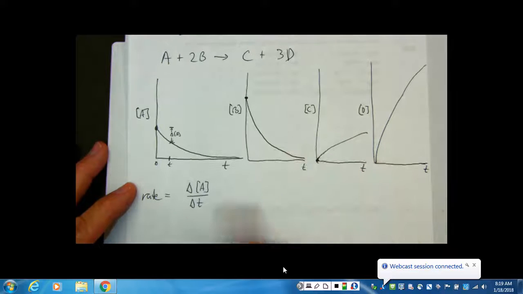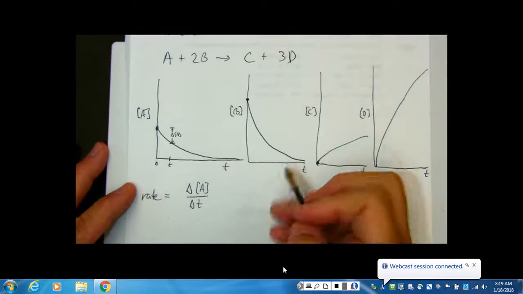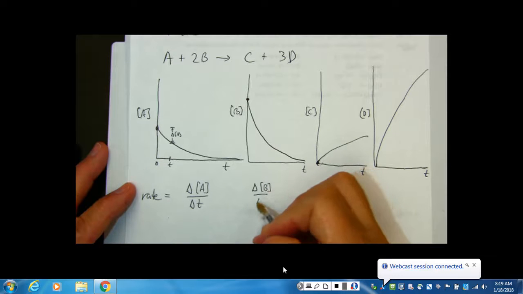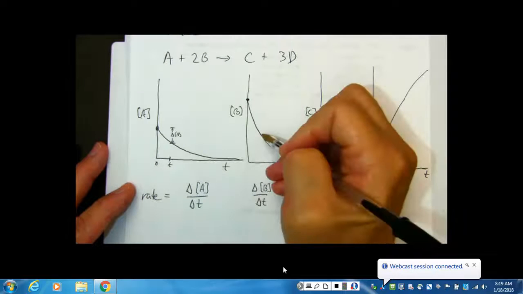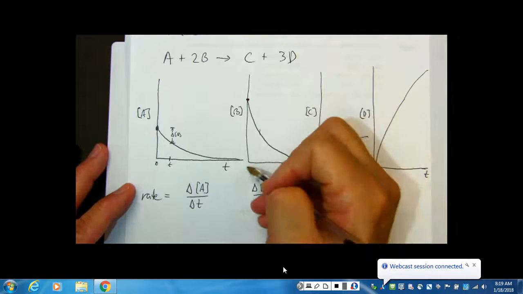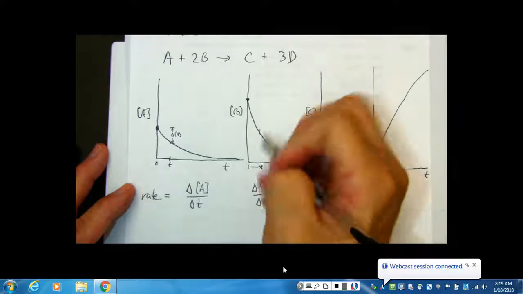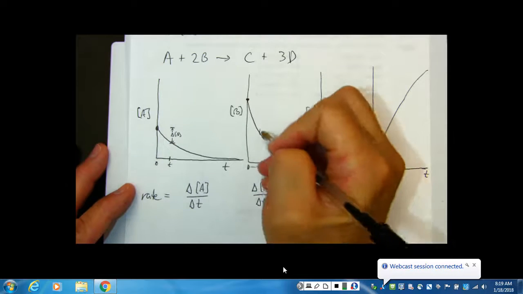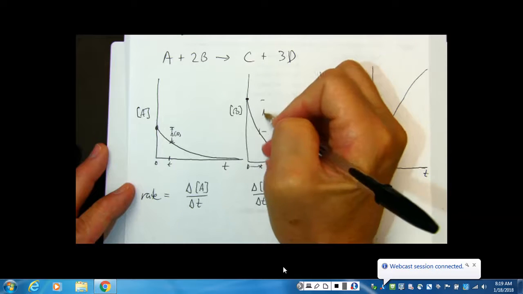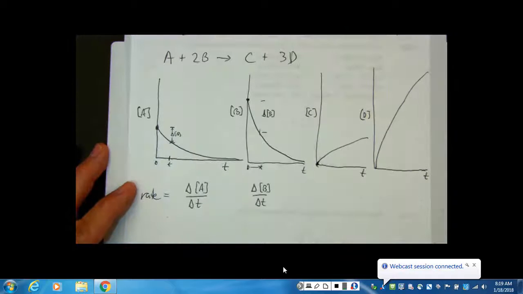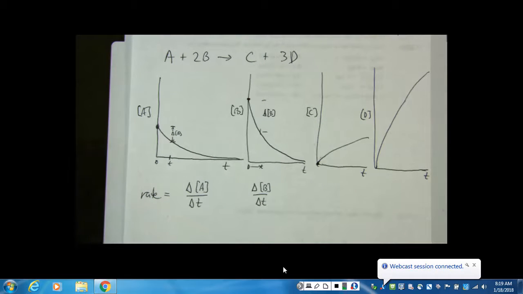What's the rate of B equal to? It's the same thing. Are they equal? Going that distance from 0 to T, for the same delta T, is delta B over delta T equal to delta A over delta T?